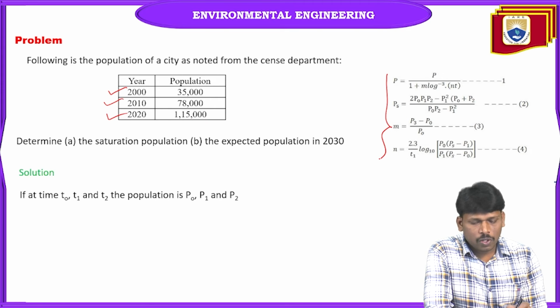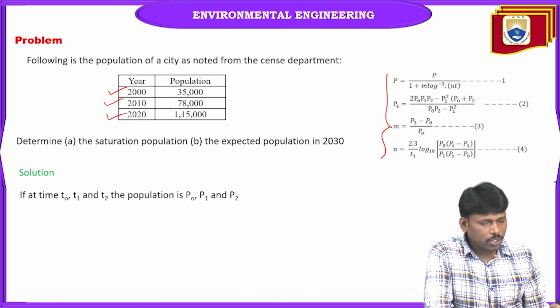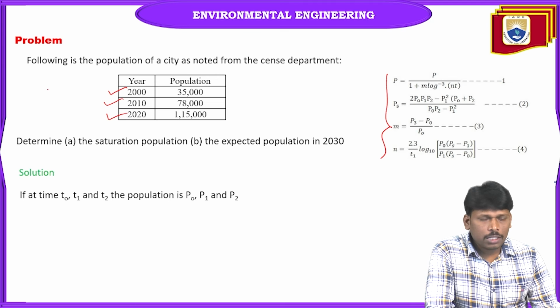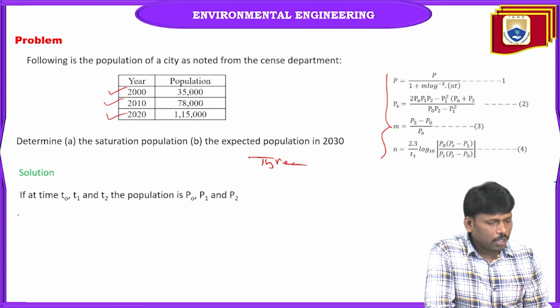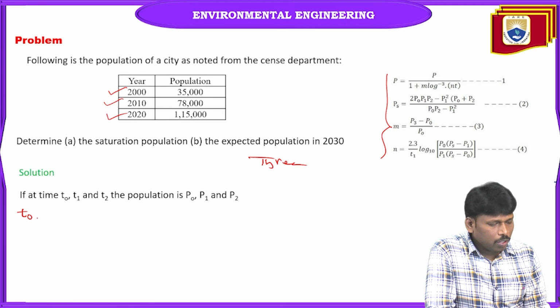These are the basic formulas we'll use, and it's very simple, just substituting. To estimate the population forecast according to the logistic method, we need to identify three data points, T0, T1 and T2, and the population with respect to T0, T1, T2. I am considering T0 as 2000. In this case, the population is 35,000.